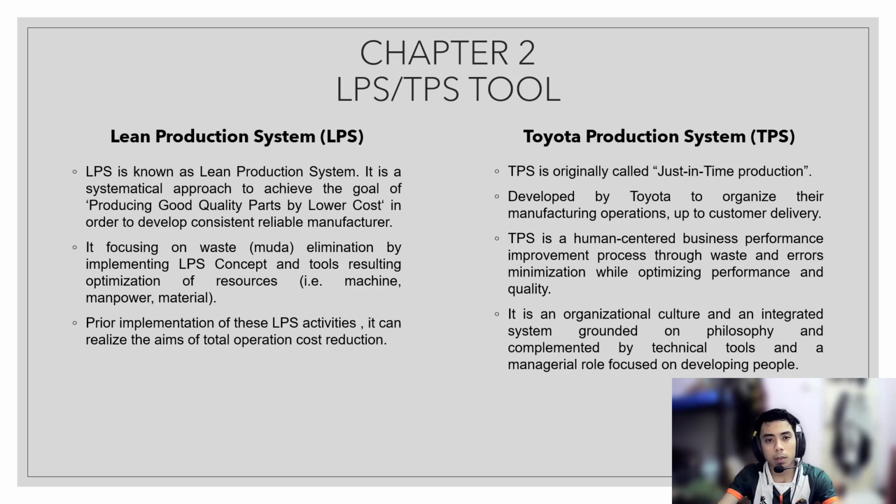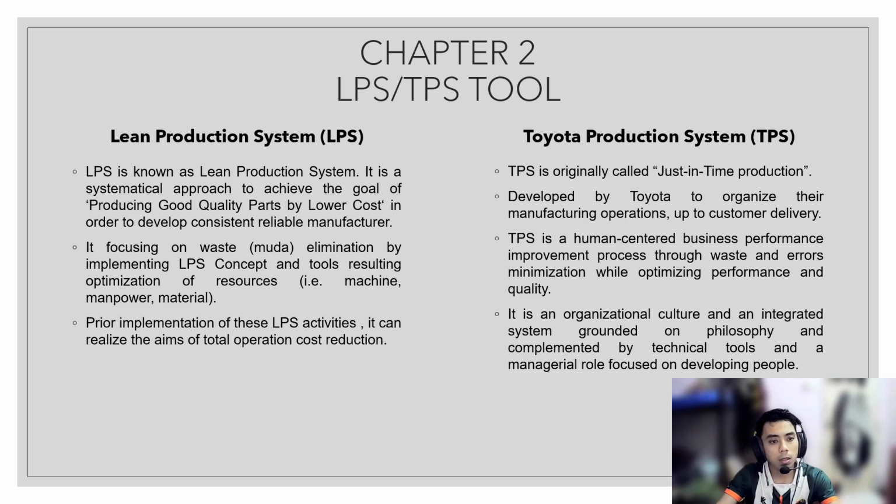My name is Muhammad Firdaus bin Ramli, and I want to present about chapter 2, which is LPS and TPS. LPS is Lean Production System. It is a systematic approach to achieve the goal of producing good quality parts at lower cost in order to develop a consistent reliable manufacturer.